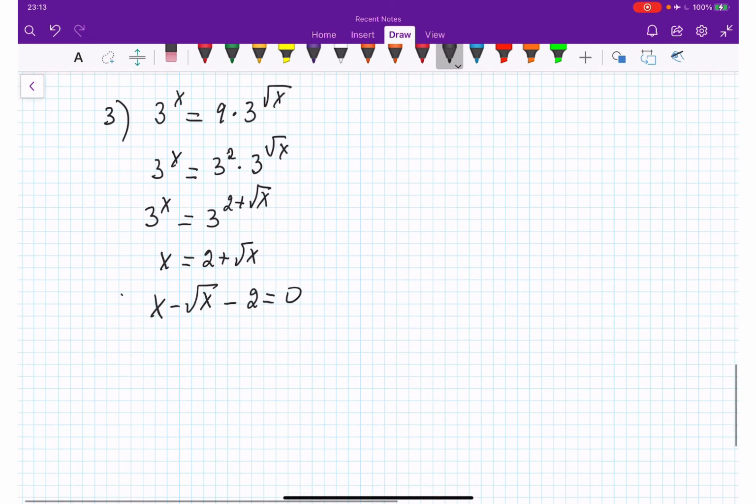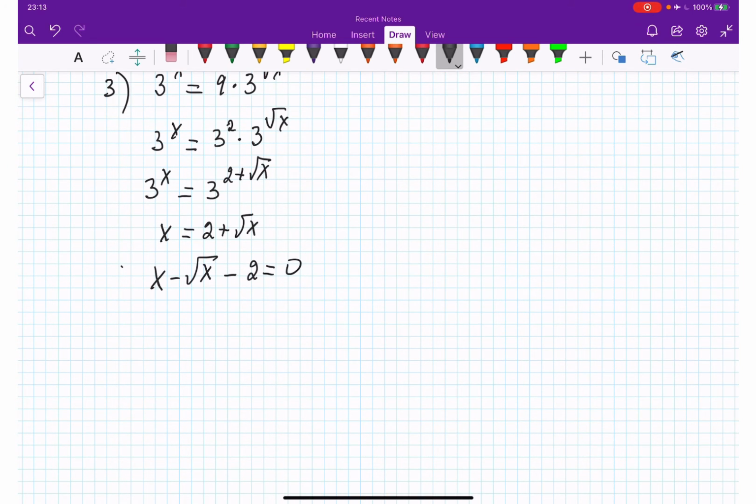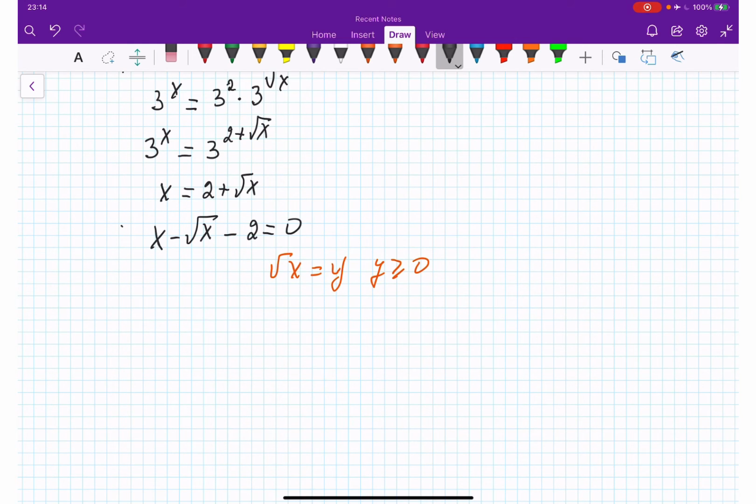is equal 0. Okay, so to solve this equation, we will substitute square root of x is equal y, and y has to be greater or equal 0. And from here, we are going to have y squared minus y minus 2 equals 0.